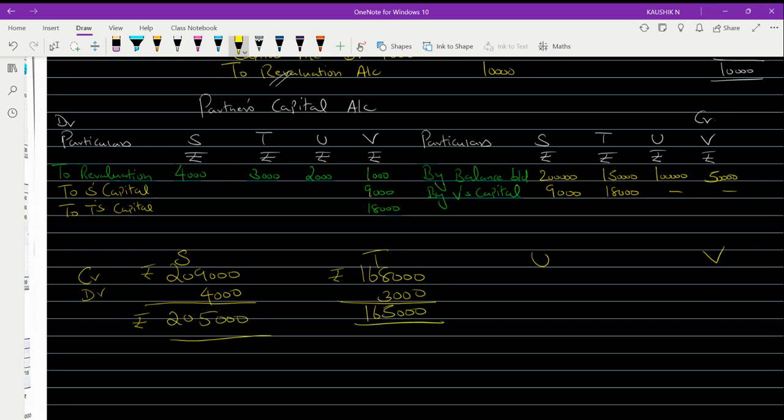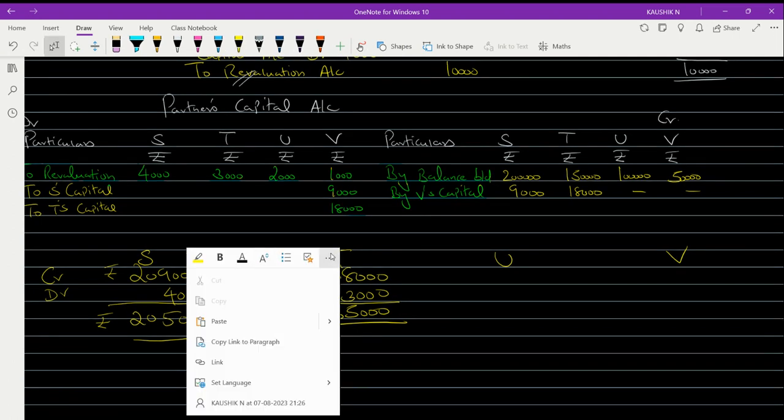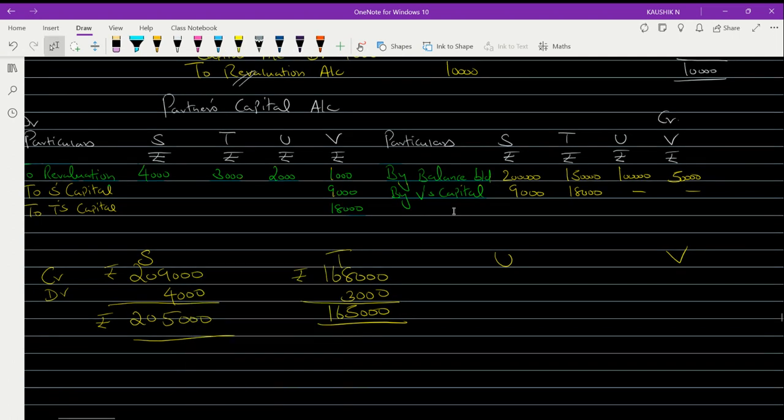Similarly, come to U. In the case of U, you have got an amount of rupees 1 lakh on the credit. On the debit, you have got only 2,000 rupees. The difference is going to be rupees 98,000. Come to V. For V, it is showing 50,000 rupees.